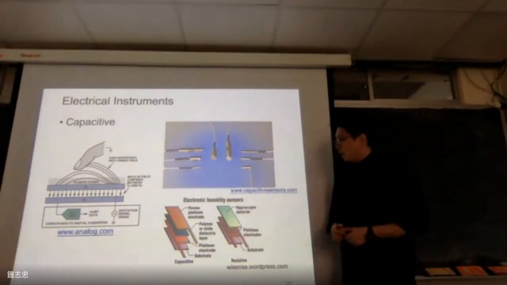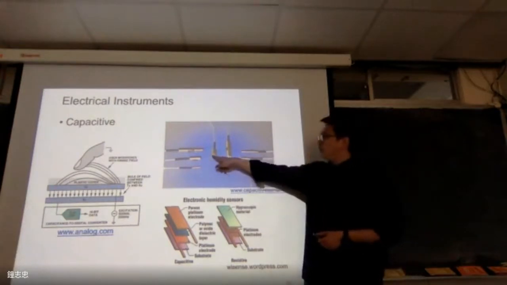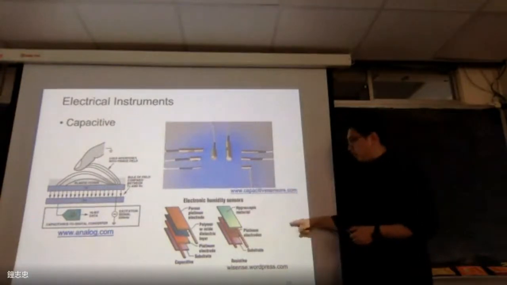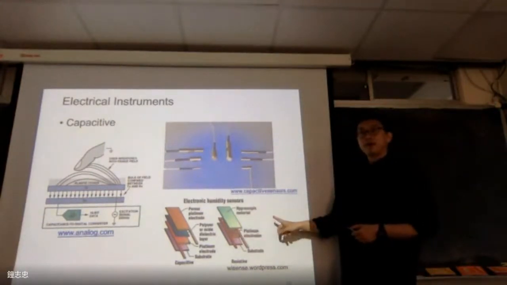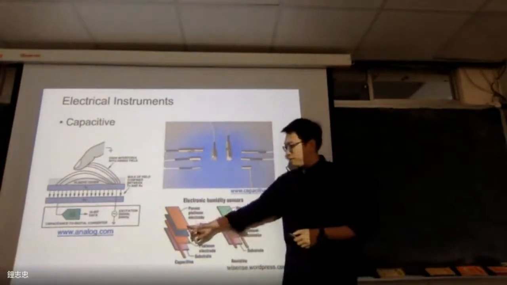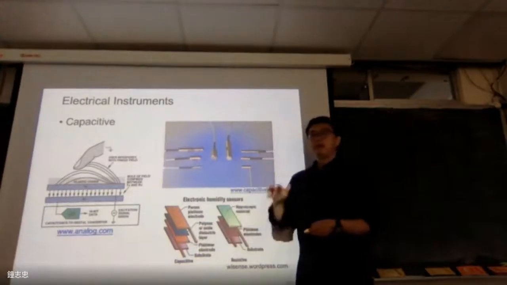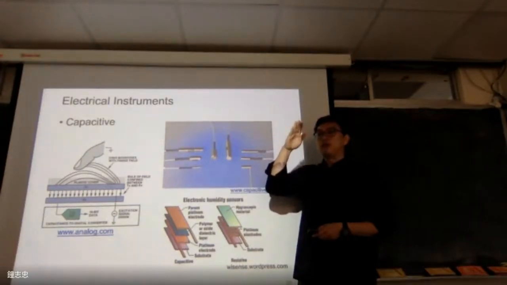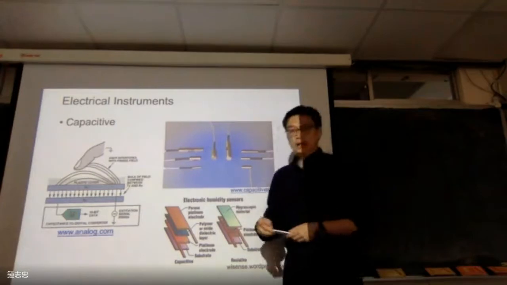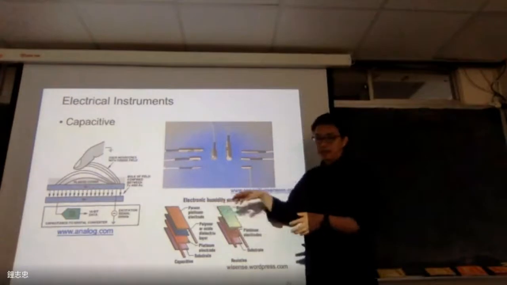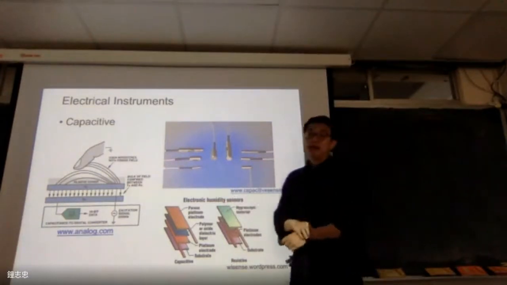Okay, and this is another commercial capacitance product. This is for the temperature measurement, based on the idea of the different metals. Because at a different temperature, the different metal will have a different response of strength, right? Oh no, it is humidity. It is also the same for the temperature.